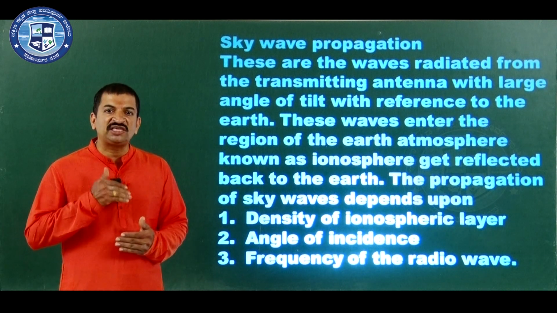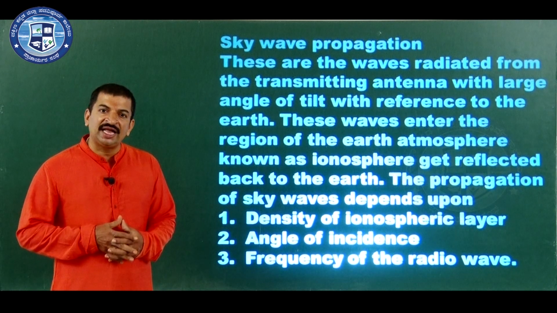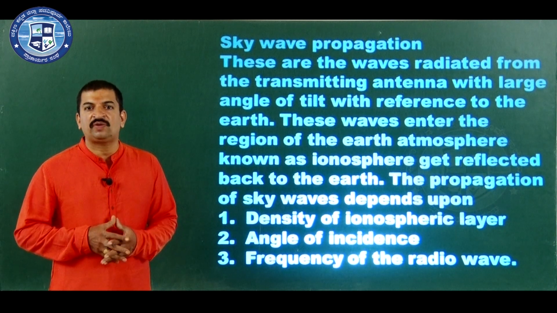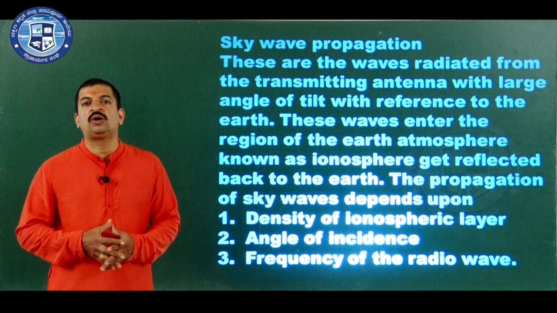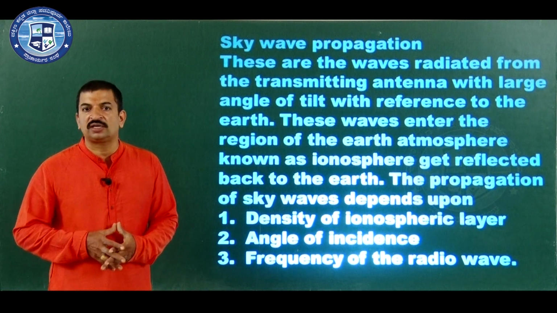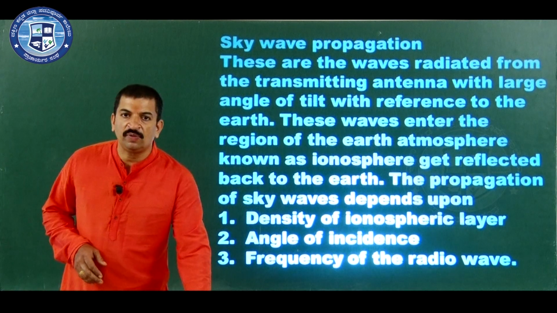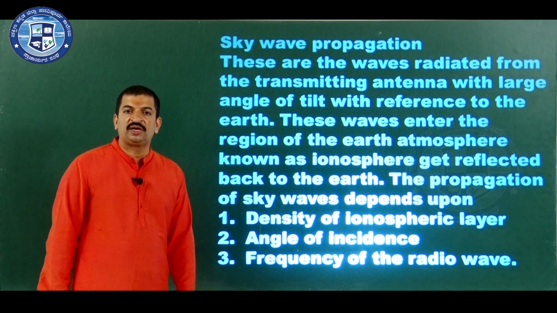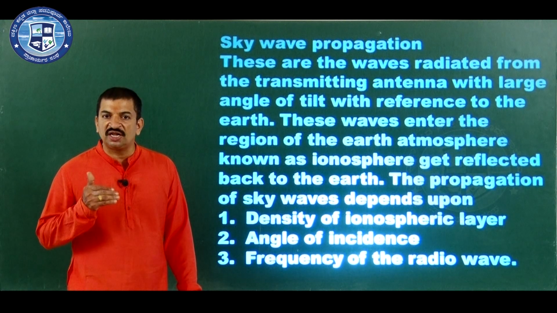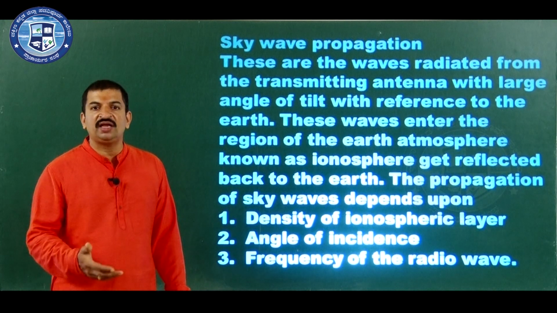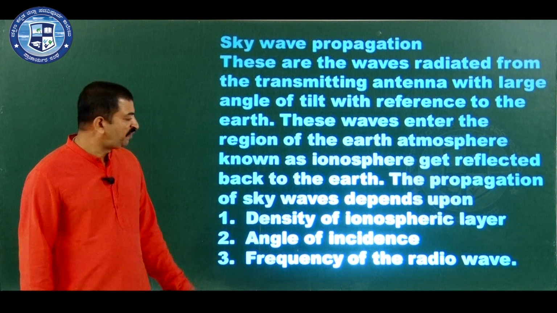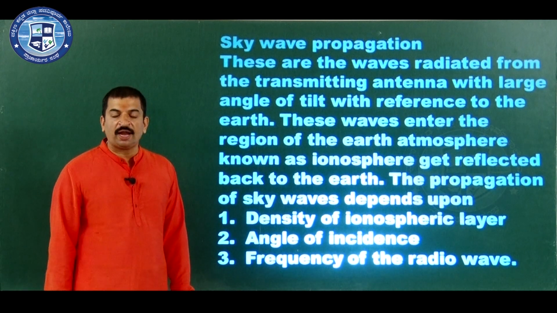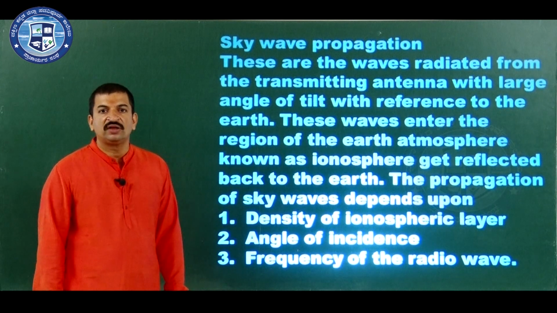As the frequency of the radio wave is increased beyond a particular frequency known as the critical frequency, the ray will not be returned down to Earth; it escapes from the Earth atmosphere. So, frequency is also another important parameter. Very low frequency signals can be transmitted very easily compared to higher frequencies. Frequencies up to 30 megahertz can be transmitted with the help of sky waves.